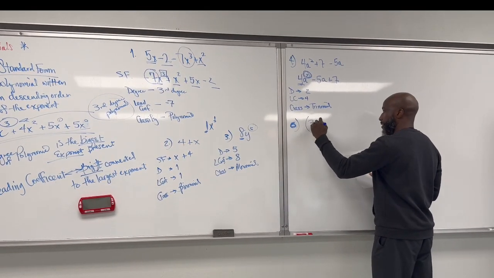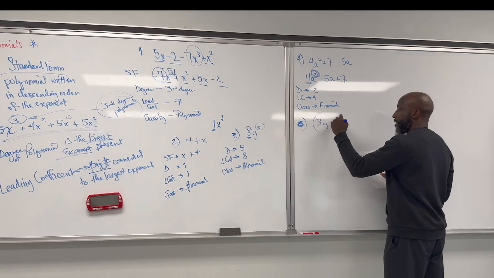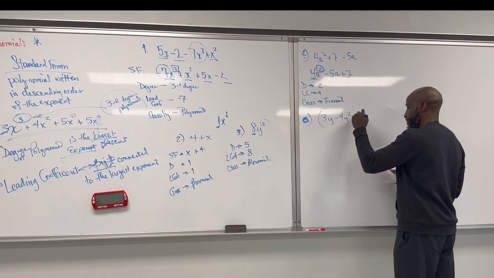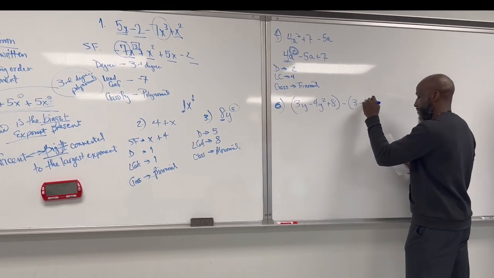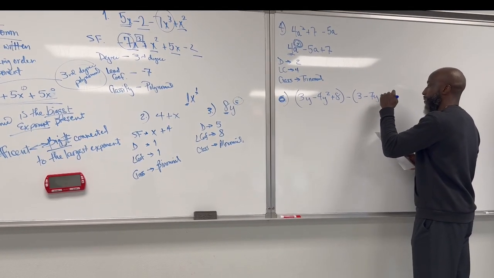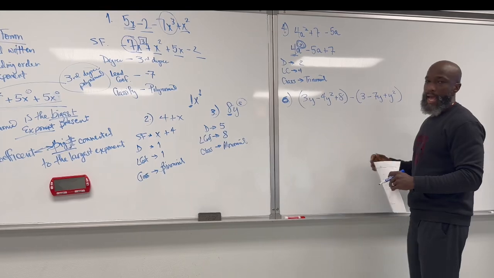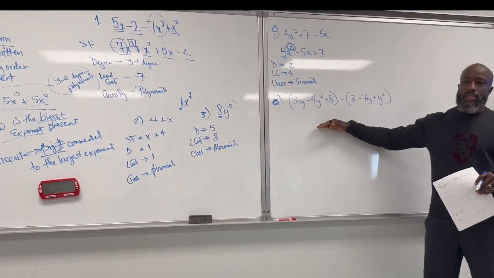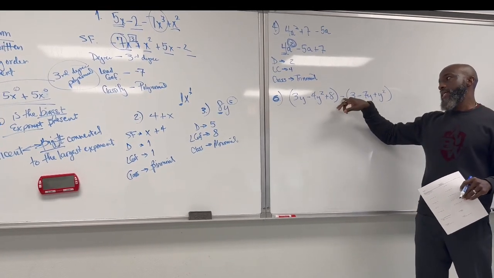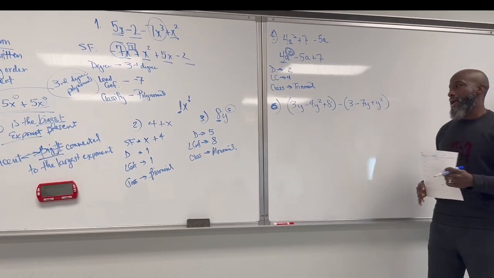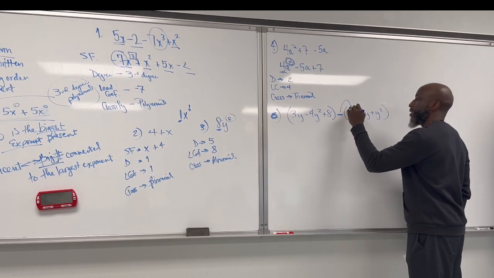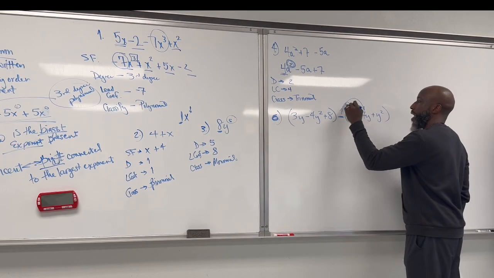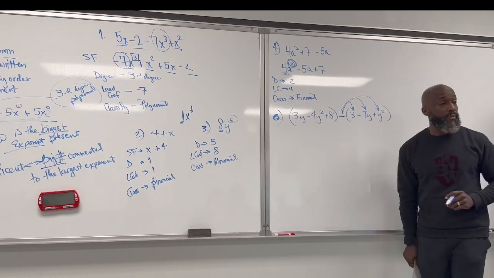Right? So we have 3y minus 4y squared plus 8 minus the quantity of 3 minus 7y plus y squared. Now, what we want to do is combine like terms. This minus sign says that we don't multiply. But this minus sign does say that we distribute this negative sign into every term in those parentheses.